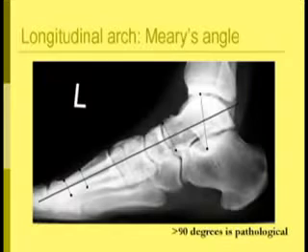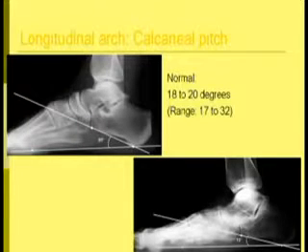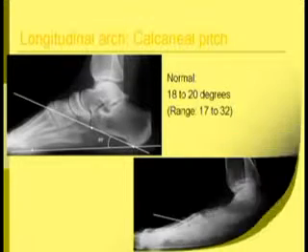This is normally an acute angle. However, when it becomes obtuse or greater than 90 degrees, it is pathological, indicating a collapse of the arch of the foot. The longitudinal arch can also be measured with the calcaneal pitch, and the normal is around 18 to 20 degrees. If it becomes more acute, it indicates a collapse.